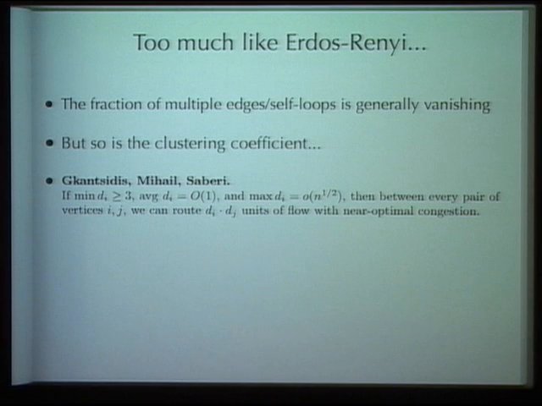So for example, if the minimum degree in this graph is 3, the average degree is constant, and no vertex has particularly high degree, it's possible to prove that one can route flow in such a graph proportional to the degree of every vertex with near optimal congestion. So there is a very robust sense in which these graphs facilitate the movement inside them.